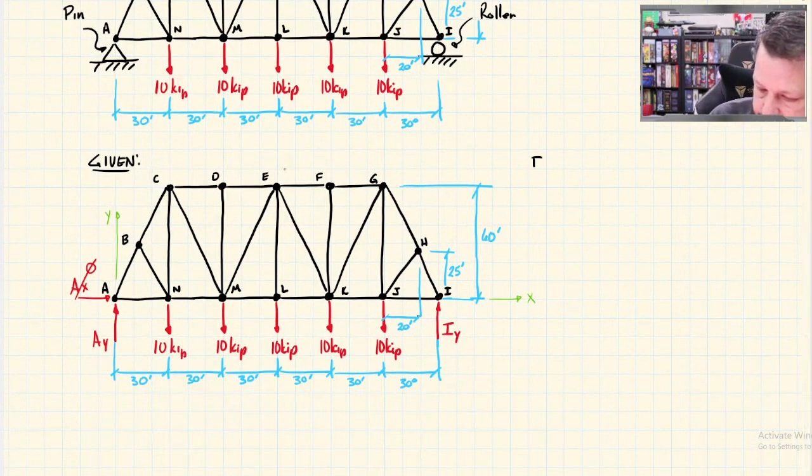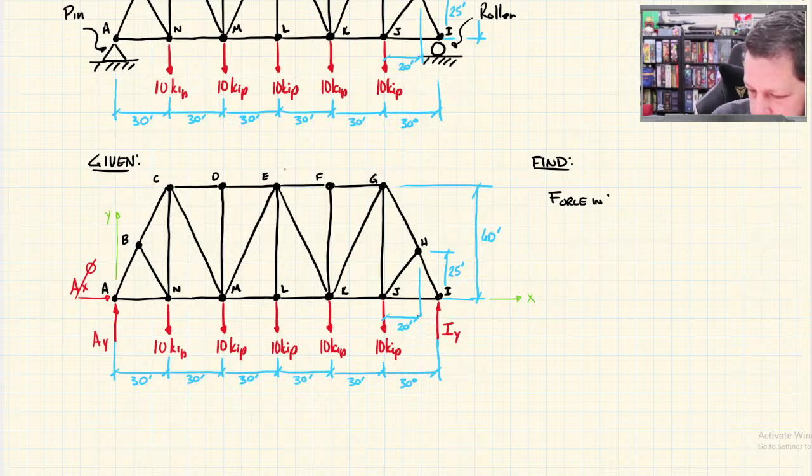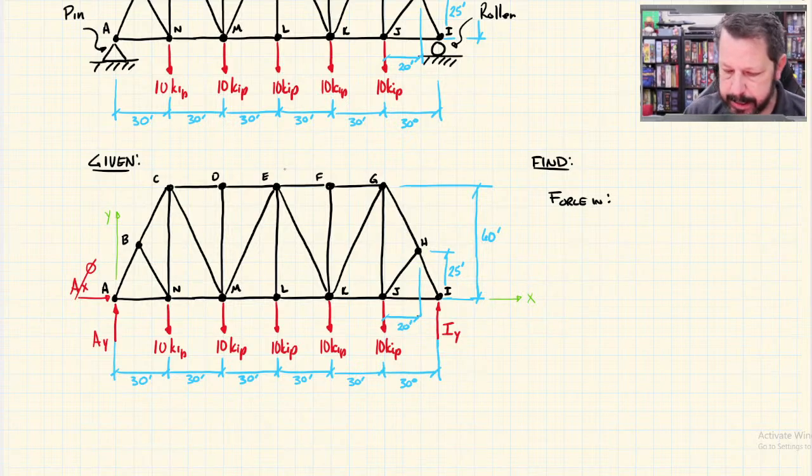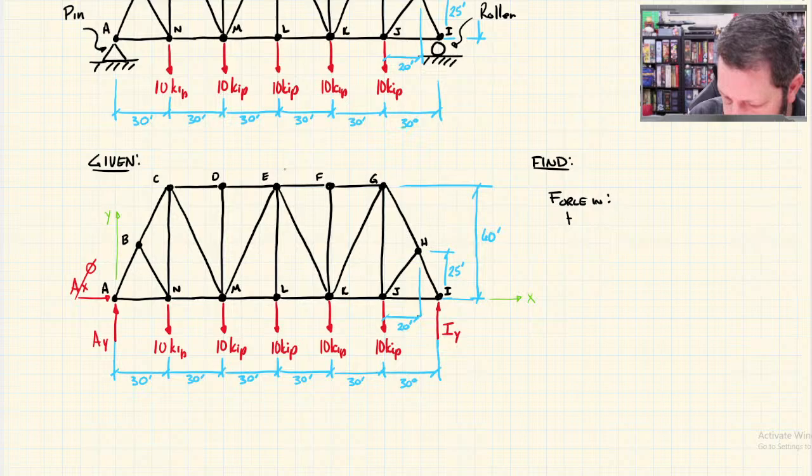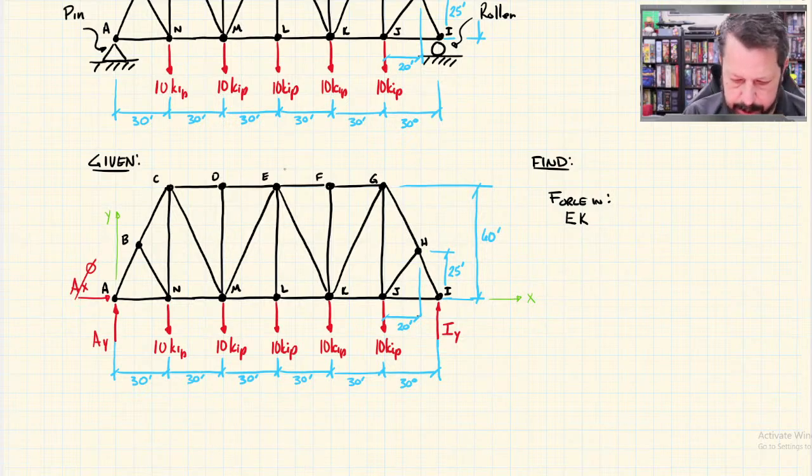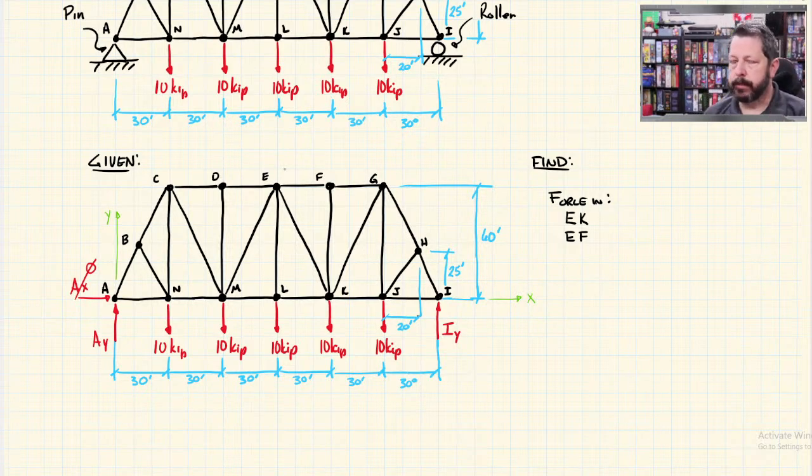And we want to find the force in, let's say, EK. Anytime I pause, it wants to straighten out the line. Force in EK and EF. So those would be the ones that we want to find.